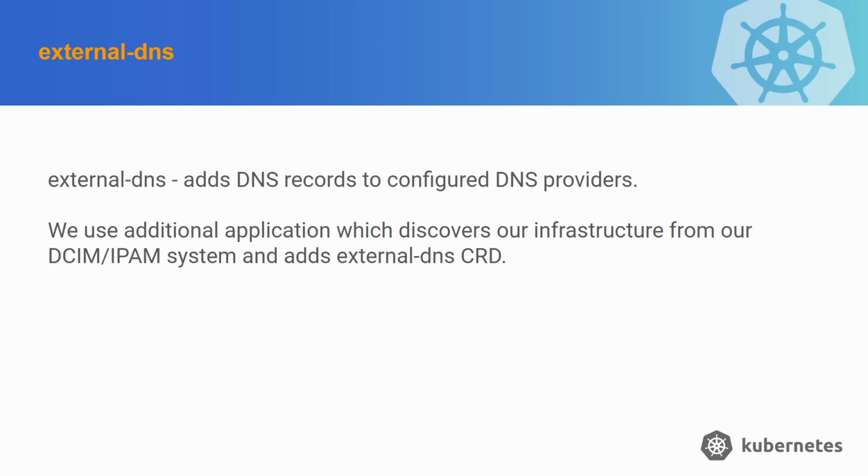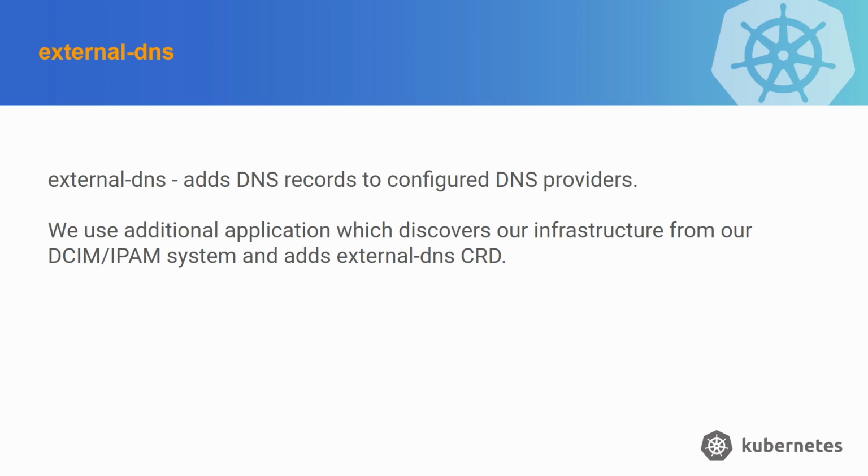But what if you have a lot of on-premises and you need your internal DNS also in the DNS? Here an additional application helps in our case. We have the DCIM IPAM system where all the teams add their devices. We have around 2,000 of them. They are not just on one on-premises, they are on different on-premises.